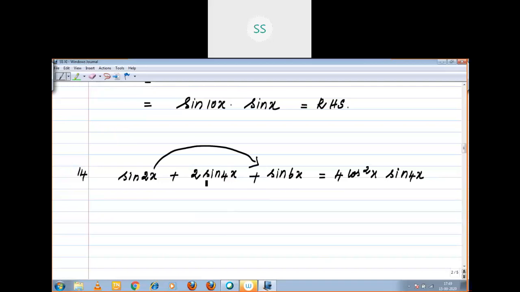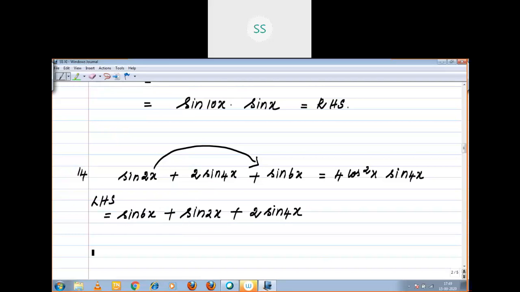Got it, children? See, this 2 only I am going to match. I can use the identity. This one you keep as such, right? sin 6x plus sin 2x plus 2 sin 4x. Got it, children?